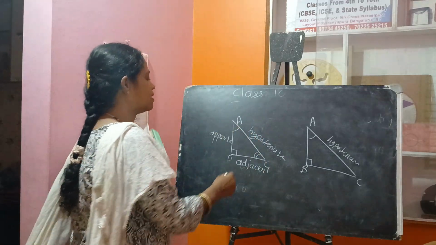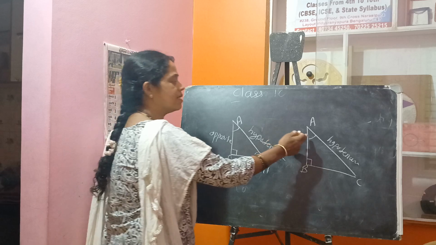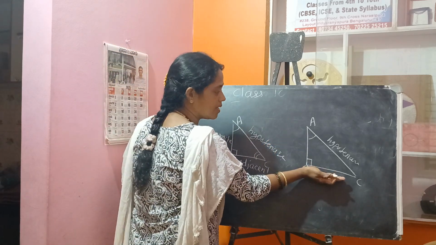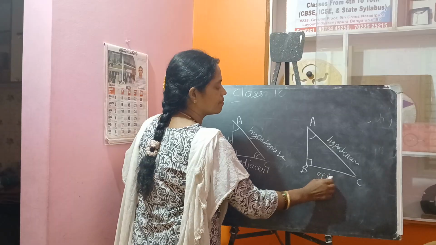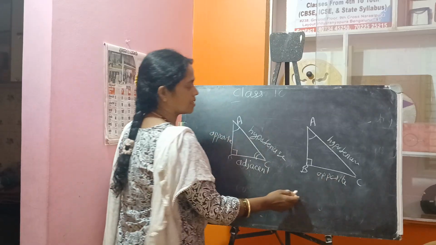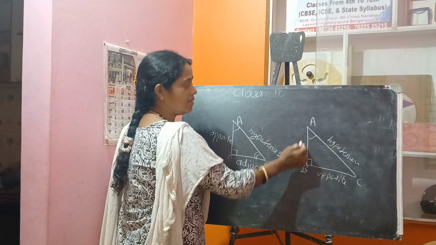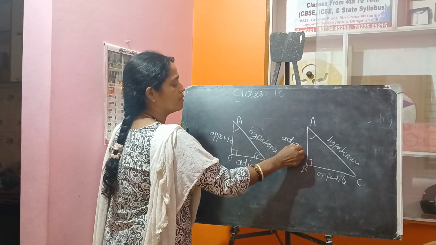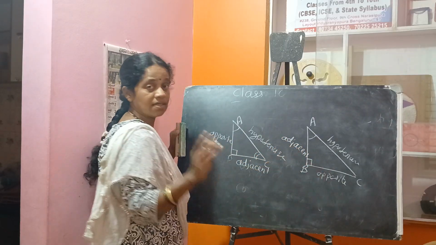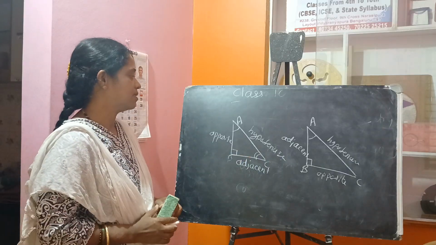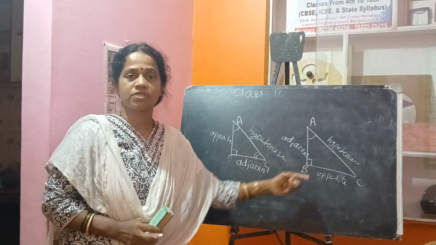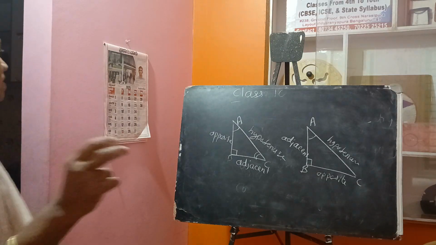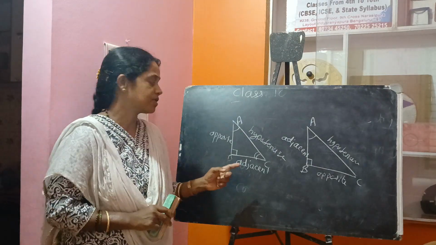Before, I considered angle C; now I am considering angle A. With respect to angle A, BC becomes the opposite side, and the side adjacent to angle A is the adjacent side. Now compare these two diagrams, just to practice it.